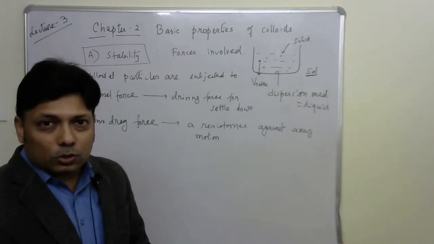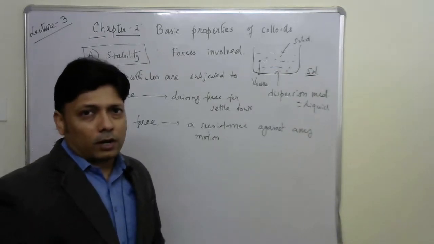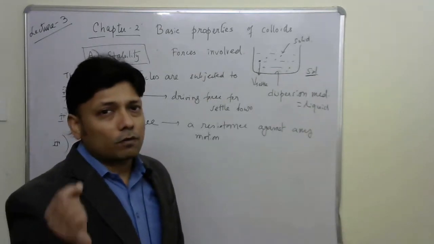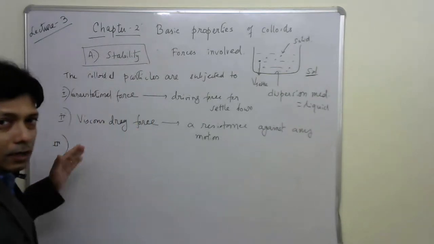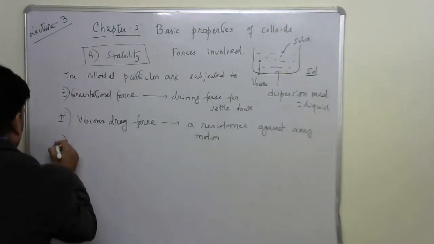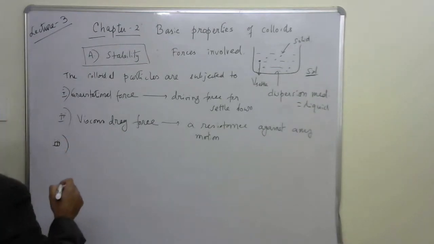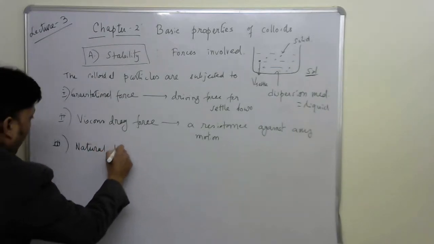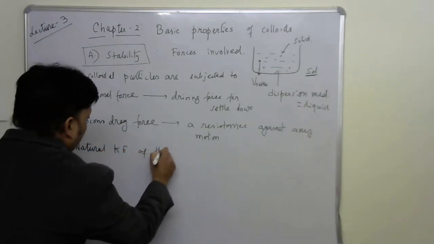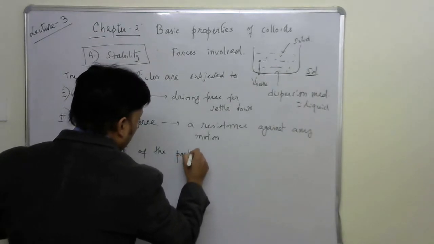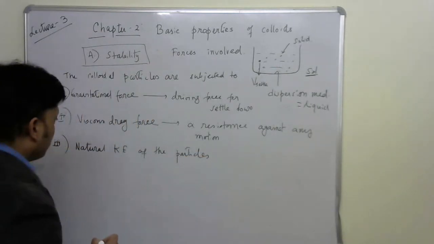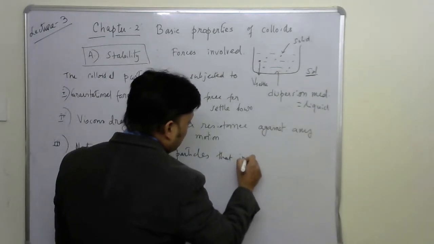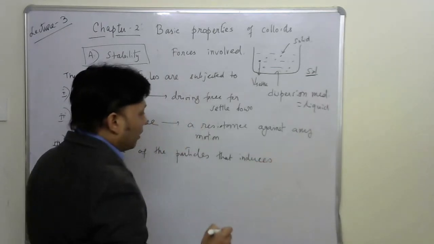This motion is a very typical one, and it happens once again due to some inherent physical properties of the molecules. So let's include that motion over here. We can call this the natural kinetic energy of the molecules, or since we are talking about tiny particles, the natural kinetic energy of the particles that induces a random motion.